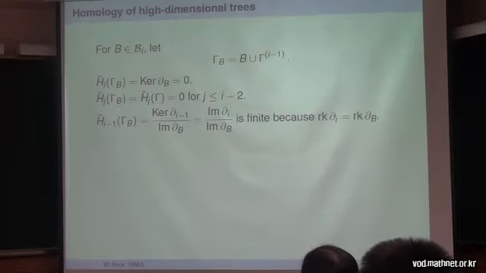The homology is the kernel of del I minus 1 modulo the image of del B. But by the definition of gamma complex, this kernel of del I minus 1 is equal to the image of del I. So we end up looking at the quotient group of those two objects. But del I and del B have the same rank. If you are forming a quotient group of two free abelian groups of the same rank, then it's a finite group, a torsion group.